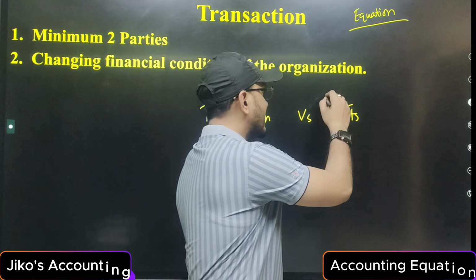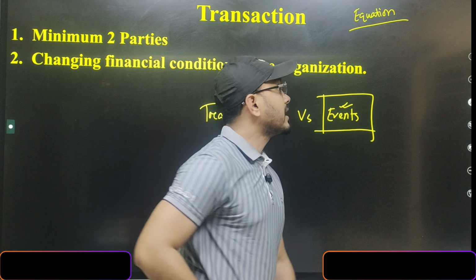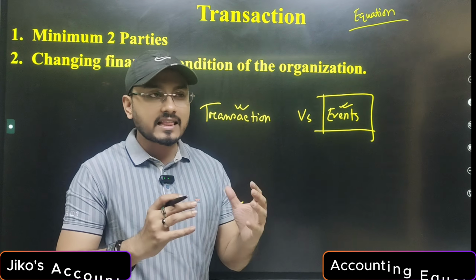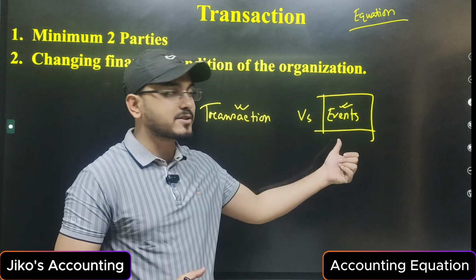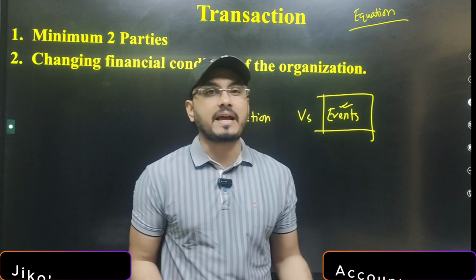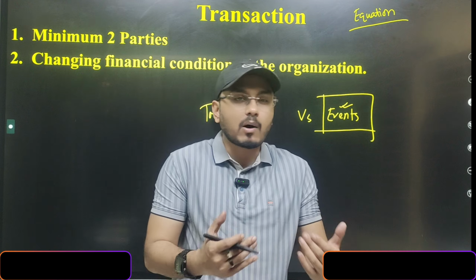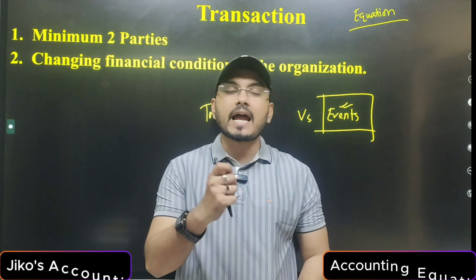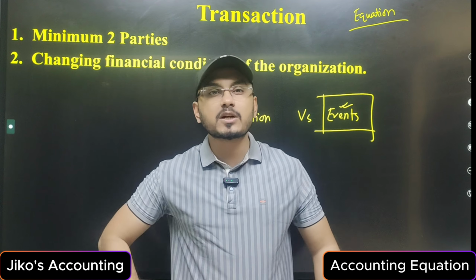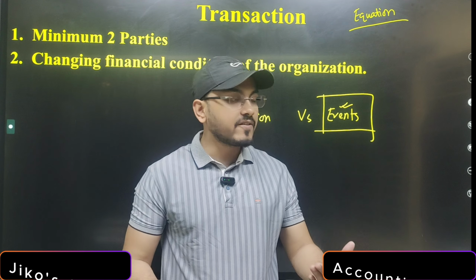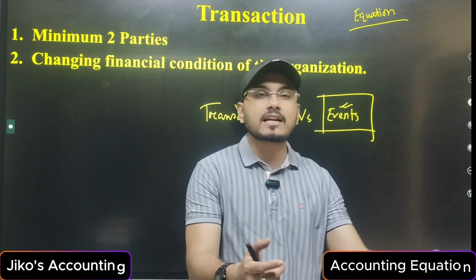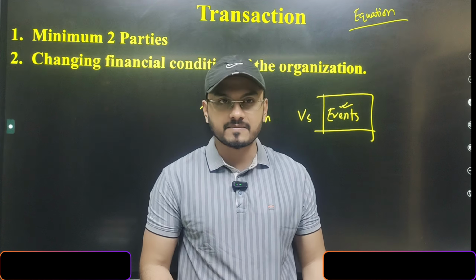First of all, I think I should start from events. What do you mean by events? Event means any activities, whatever you are doing. Now I am talking. If I explain any story, that should be considered an event. If you are playing in the ground, that should be considered an event.